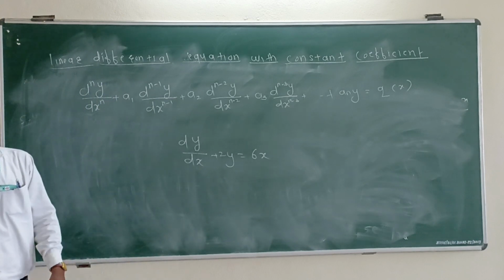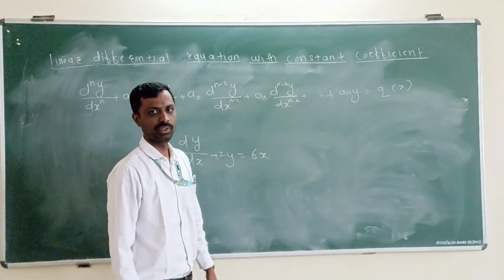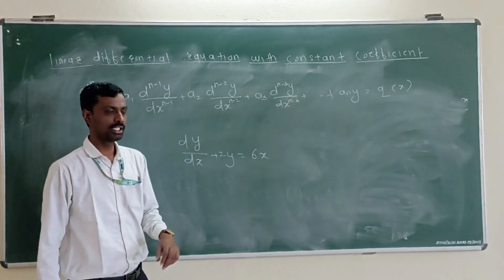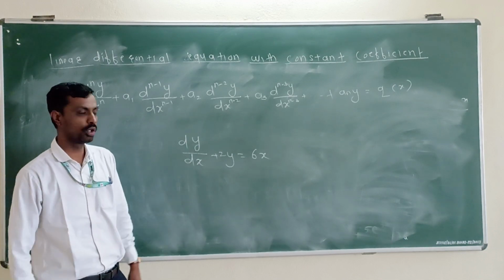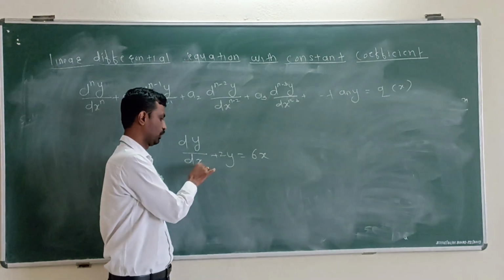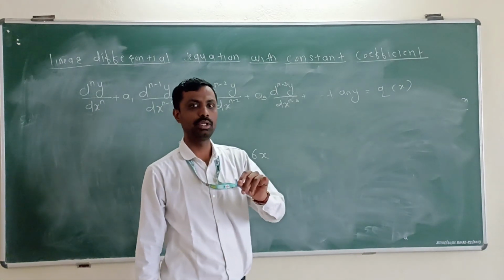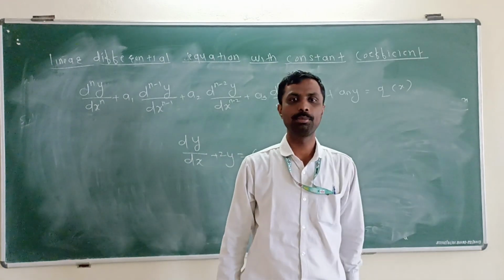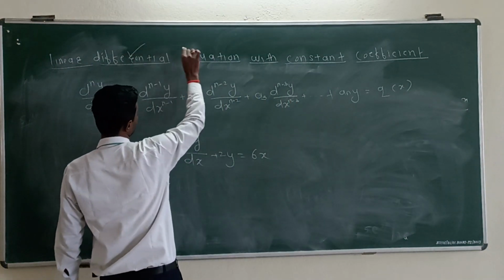Why is it called a differential equation? Because this equation contains a derivative, the derivative of y with respect to x. If an equation contains even one term including a derivative, that type of equation is called a differential equation. So this concept is clear.